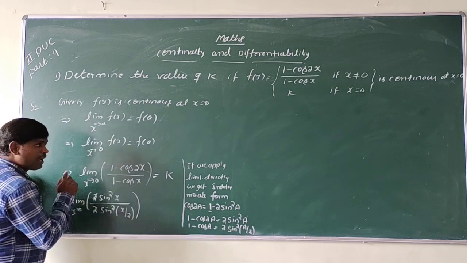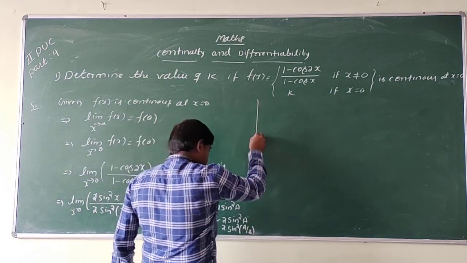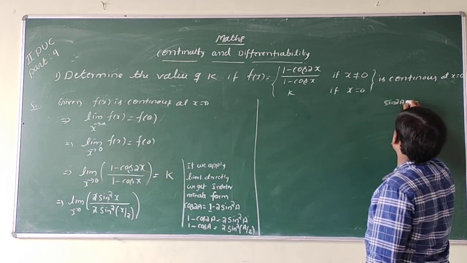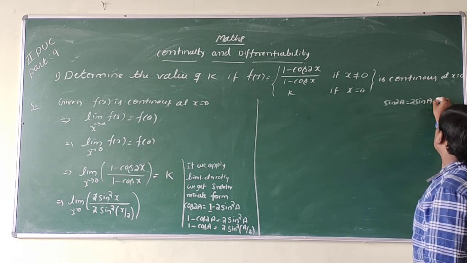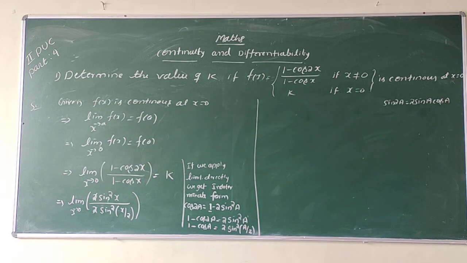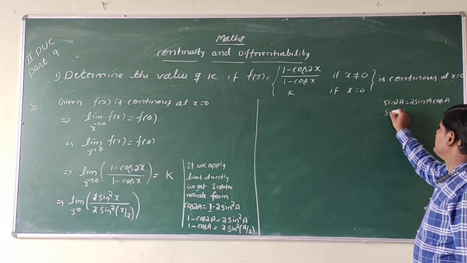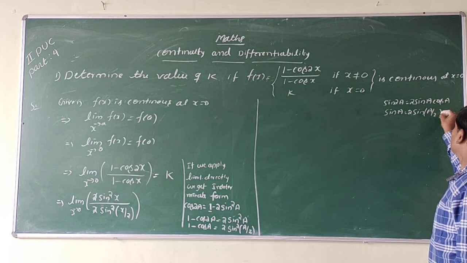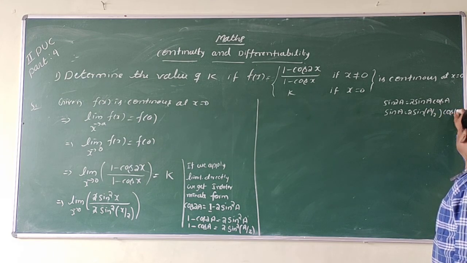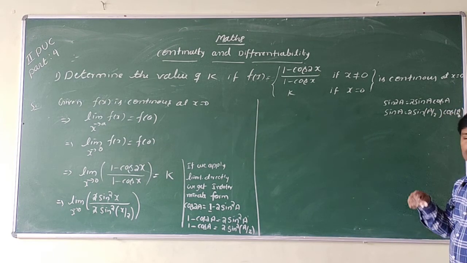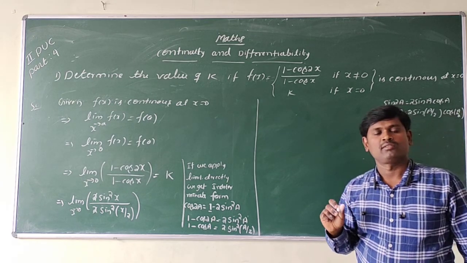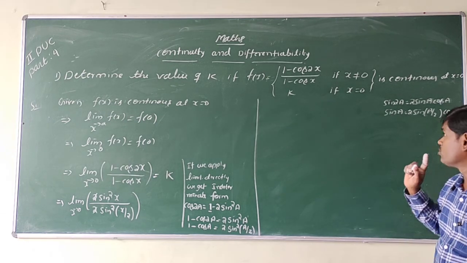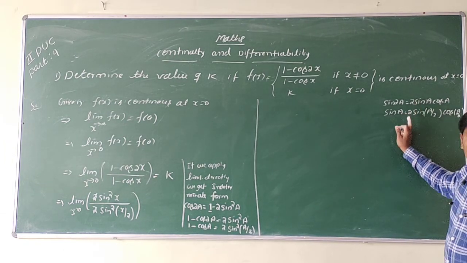Again we have a formula: sin 2a is equal to 2 sin a cos a. Is it clear? Suppose we need only sin a, then sin a is equal to 2 sin a by 2 into cos a by 2. These are all trigonometric formulas. I am telling you again and again, don't neglect trigonometric formulas.